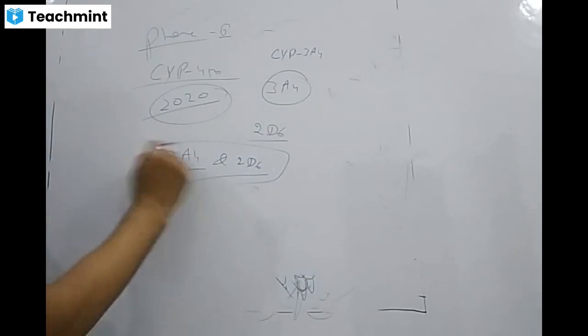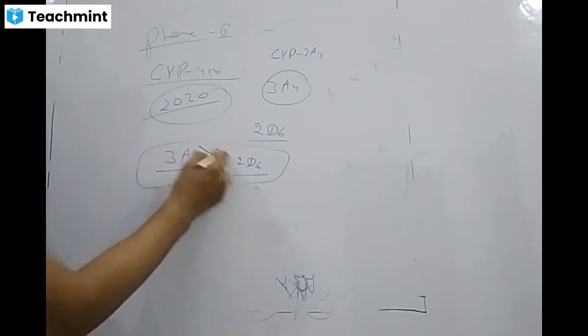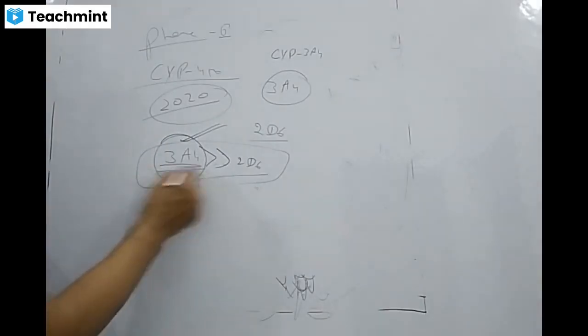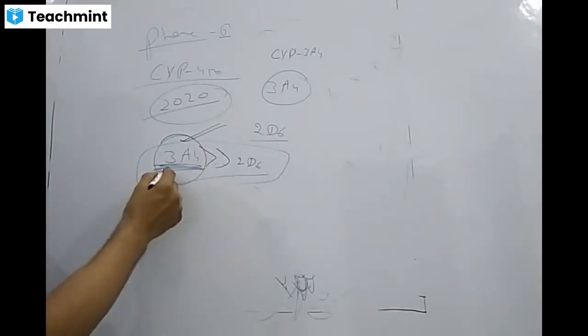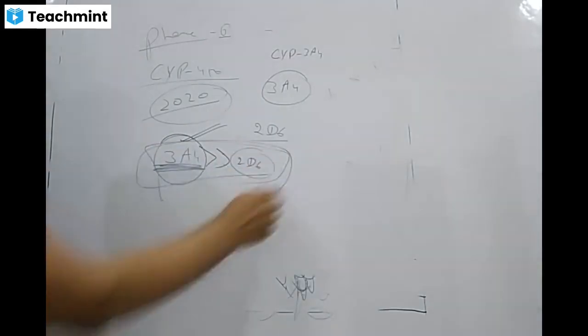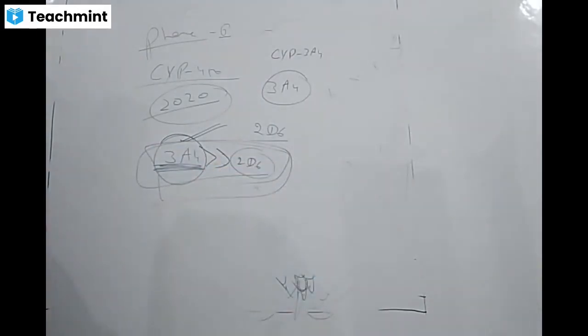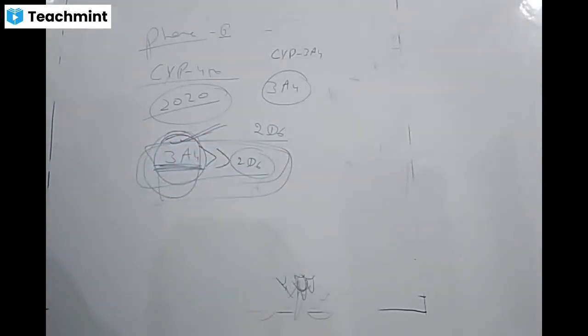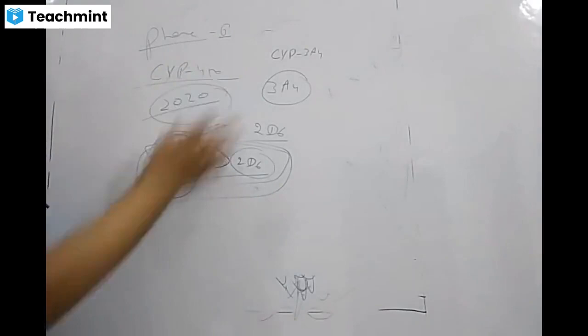In the options, if both are given, then 3A4 will be your answer because it carries out these phase 1 reactions more than 2D6. But if both are given, then the answer will be both. And if they are asking specifically, that answer will be 3A4. So these are the cytochrome P450 molecules.